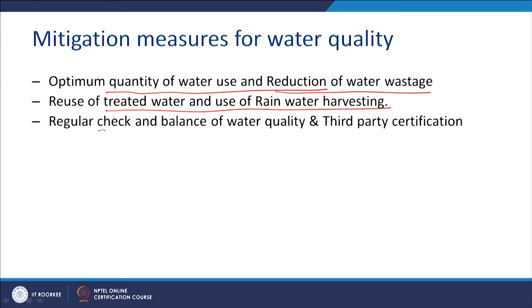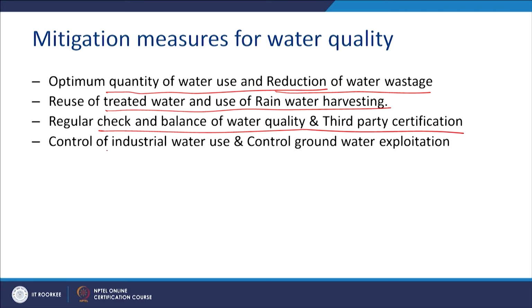A regular check and balance of water quality is needed, and if required, third party certification. Control of industrial water use and control of groundwater exploitation is required. Excessive exploitation of groundwater sources could lead to connection with the pollutants, so that must be controlled, and industrial water use control is also required.